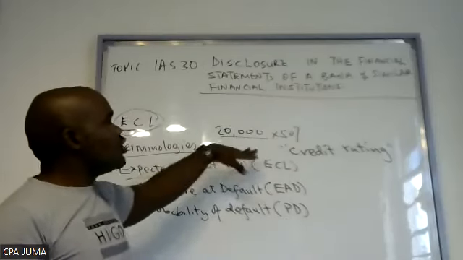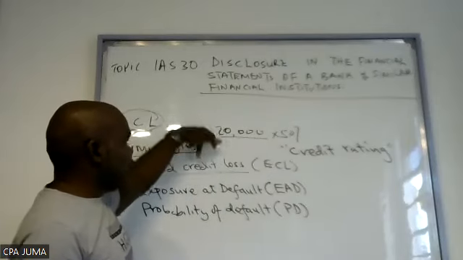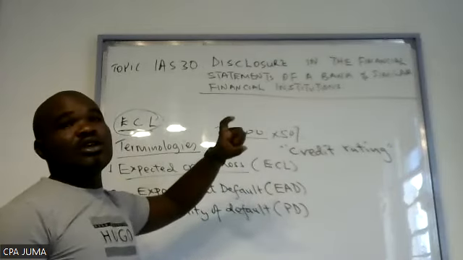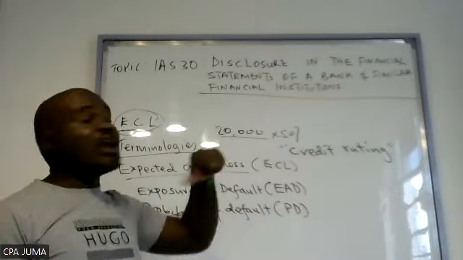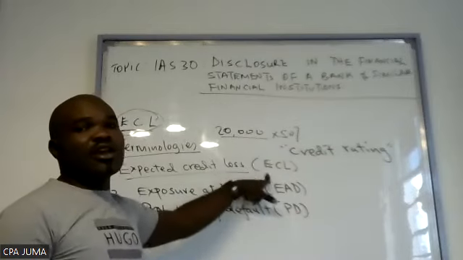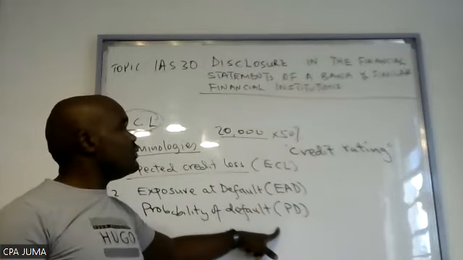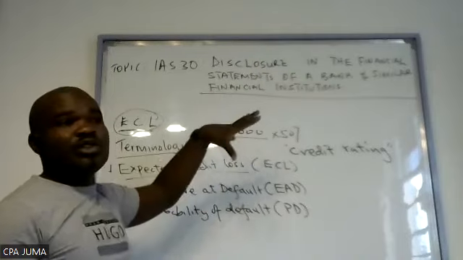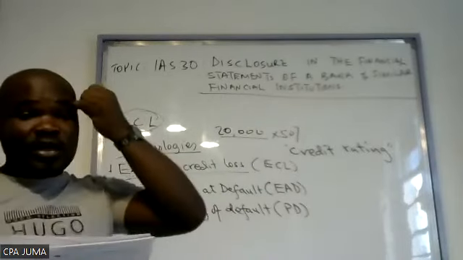But once you multiply 50% times 20, you get 10, so 10 is the expected credit loss. Once you calculate the amount you expect, which is considered to be doubtful, that is the expected credit loss. But the percentage itself is the probability of default. Then the 20, the total amount which was being suspected, is the exposure at default.